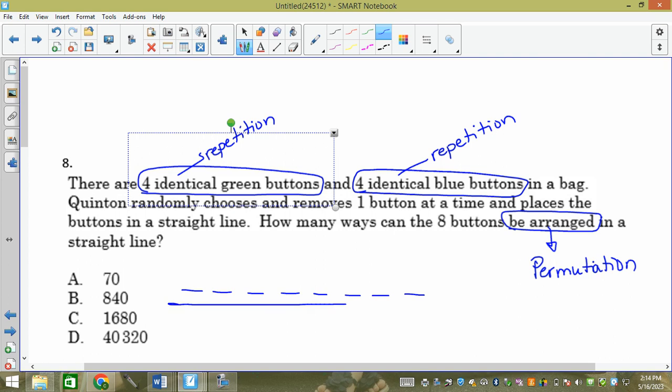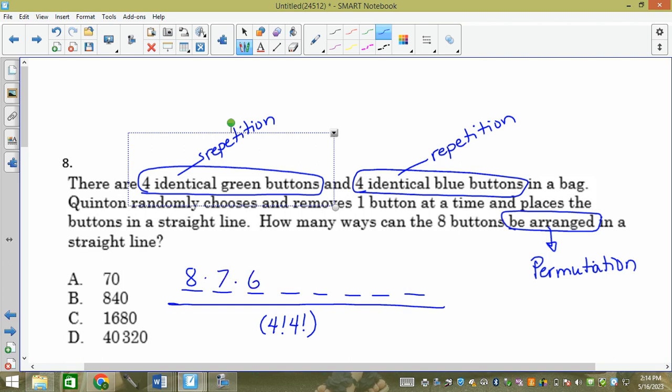So I don't forget, I'm immediately doing this. There's repeating colors. How many go in the first blank then? 8. Then 8, 8, 8, 8, 8, 8, 8? No, I put a button here. So how many here? 7.